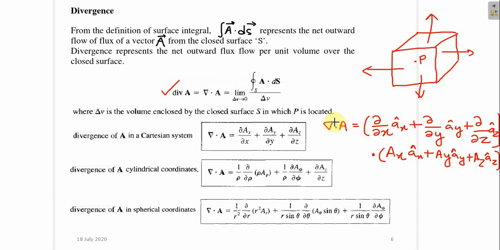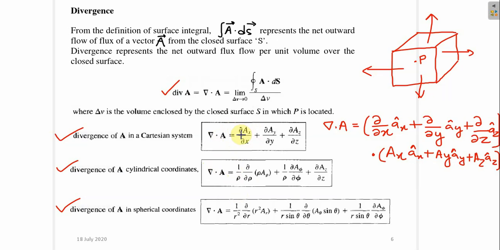If we perform the dot product of the del operator with this vector field A, we get del Ax upon del x, plus del Ay upon del y, plus del Az upon del z. This is the divergence of A in the Cartesian system. In the same way, we have the formulas for the divergence of A in cylindrical and spherical coordinate systems.